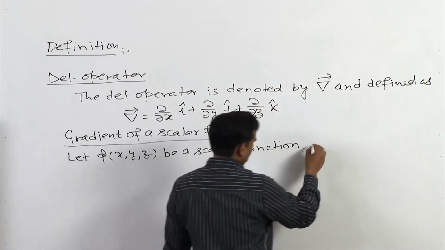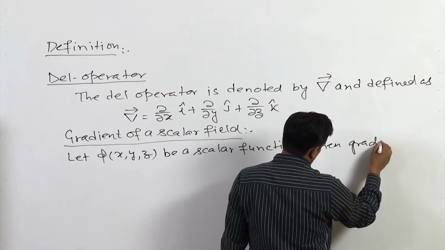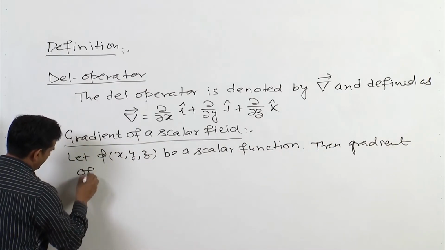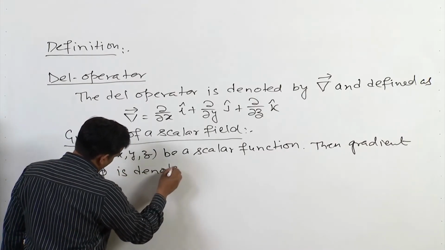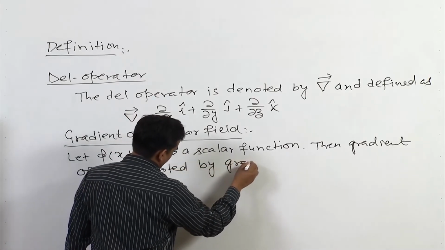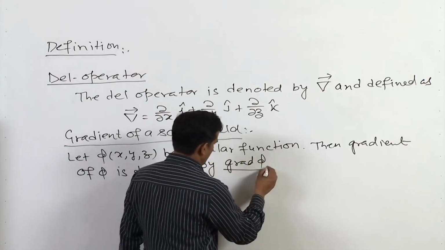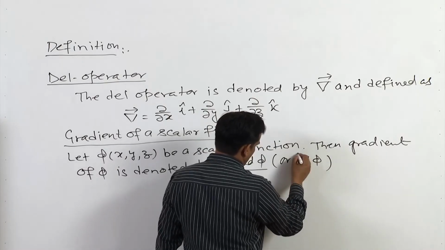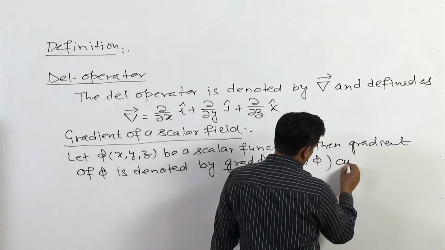Then the gradient of phi is denoted by simply grad phi or del phi, and is given as follows.